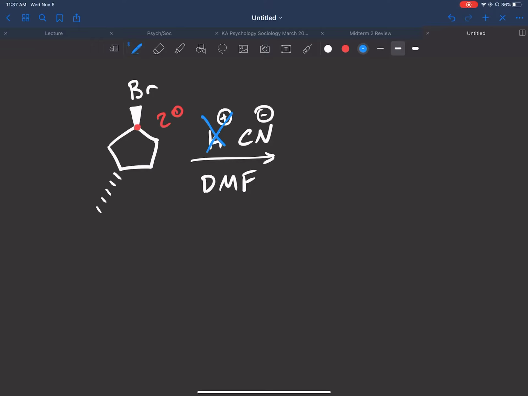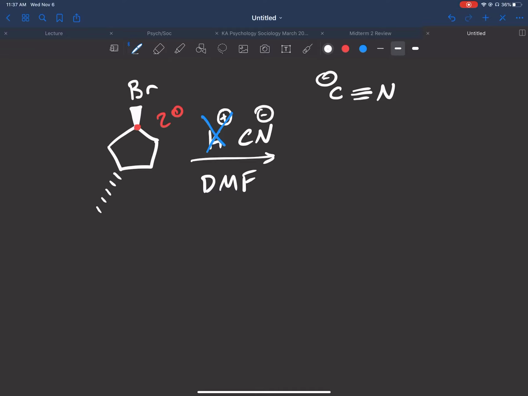Now CN minus is a good nucleophile but a weak base. And if you're confused about what CN minus looks like, it's a carbon with a negative charge triple bonded to a nitrogen. So that's CN minus. So it's a good nucleophile, but it's a bad base. All right. So we know that with SN2, the more sterics we have, the more sterically hindered our leaving group is, the harder it's going to get.